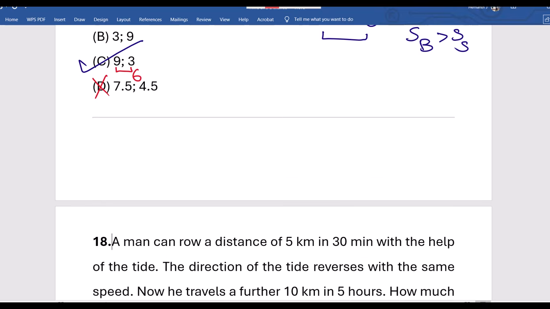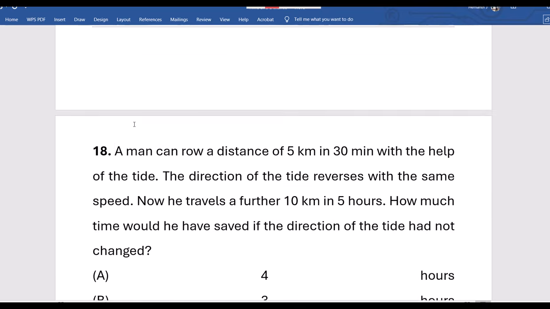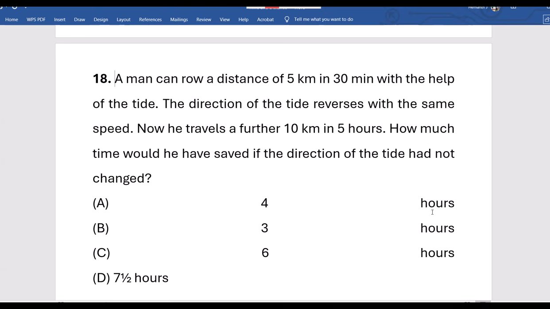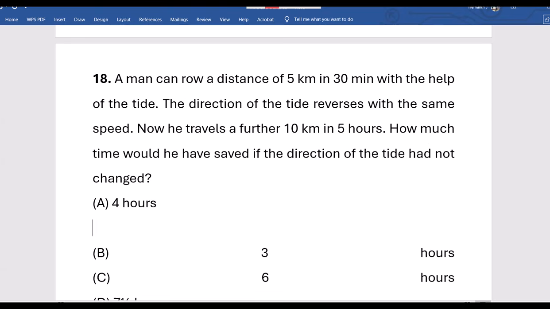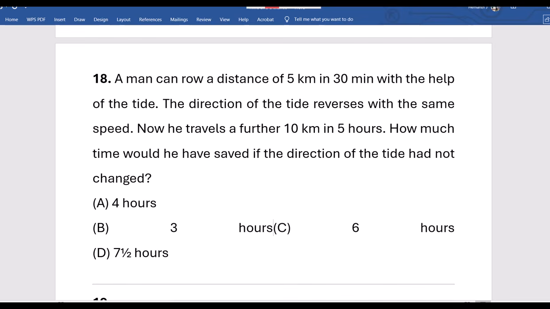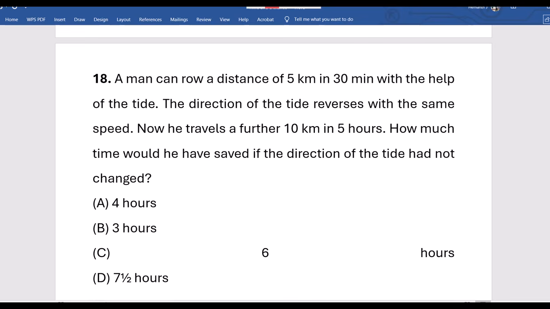Now next question. With the help of means along with the stream. Along with the stream, reverse means opposite the stream. Along with the stream, travel 5 kilometers in 30 minutes.